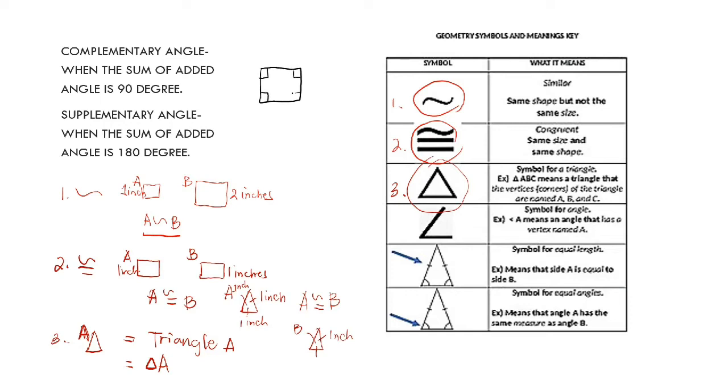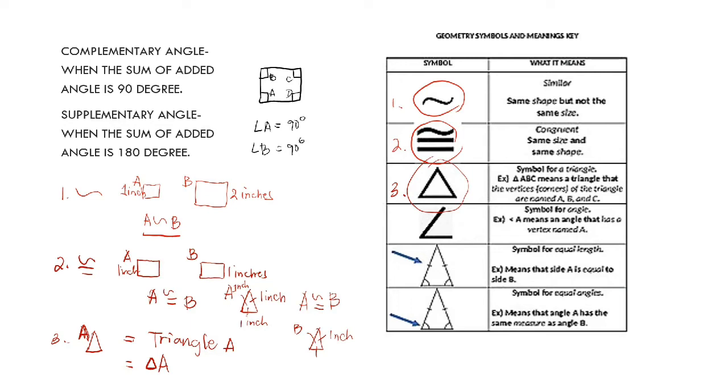Since we have 4 angles in the square, then we need to name it. For example, we have A, B, C, and D. Para malaman natin kung ano yung mini-measure natin ni angle, we can name it as angle A, angle B. Angle A is equal to 90 degrees, angle B 90 degrees, and so on. Para hindi tayo nalilito, ano ba yung measurement nito?